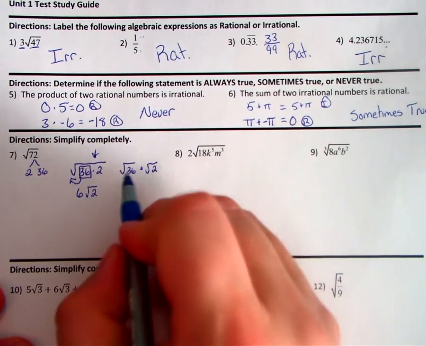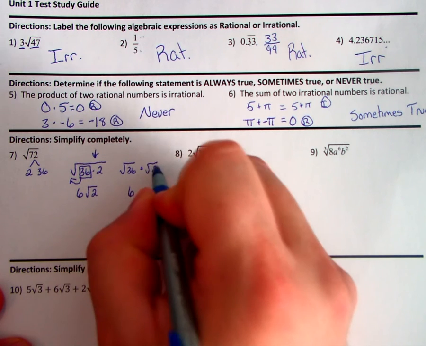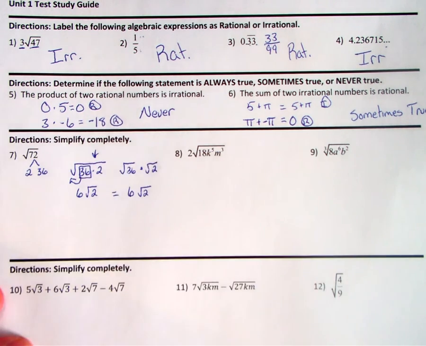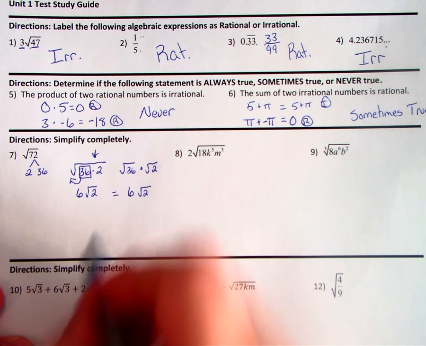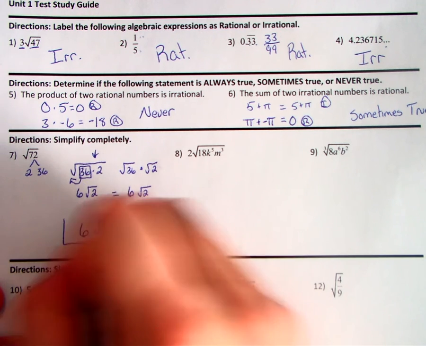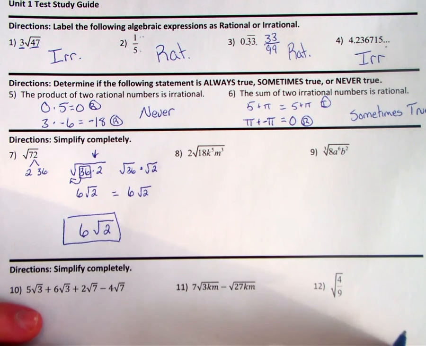So the square root of 36 is 6. Square root of 2 does not simplify, and so we end up with 6 root 2. Notice that we got the same answer no matter which route we took. Next problem.